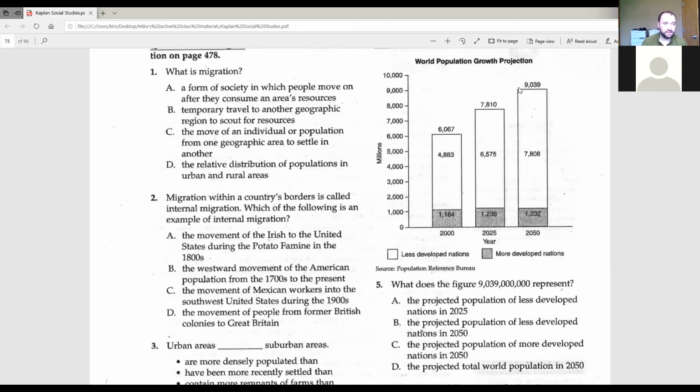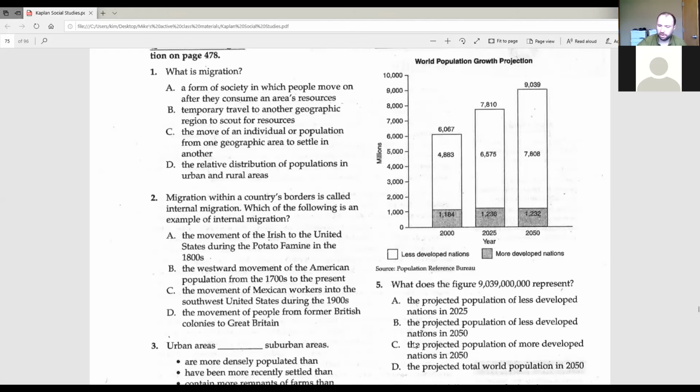The next step to answering this question is, once we find the number, what is that number telling us? What is this number representing? Okay. A, projected population of less developed nations in 2025. B, projected population of less developed nations in 2050.